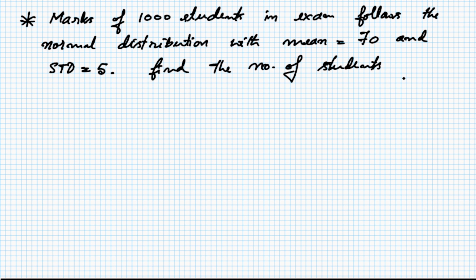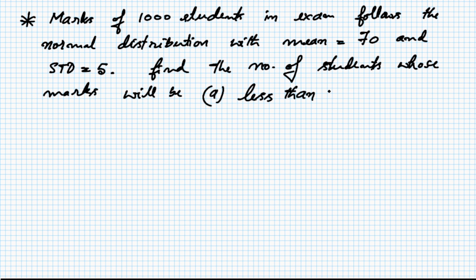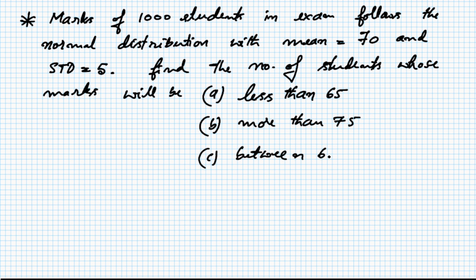Find the number of students whose marks will be: part A, less than 65; part B, more than 75; part C, between 65 and 75.